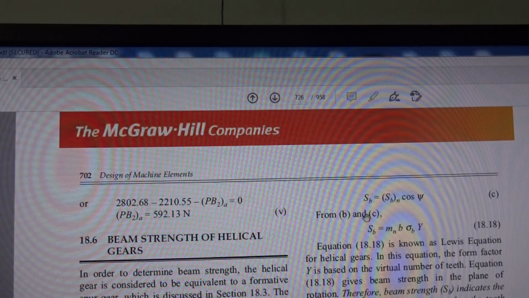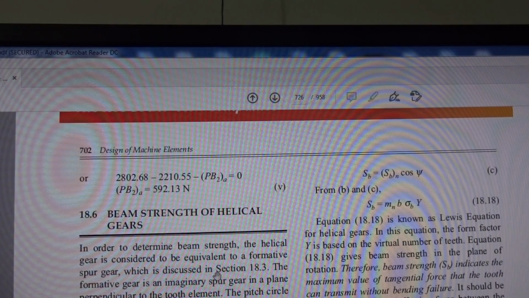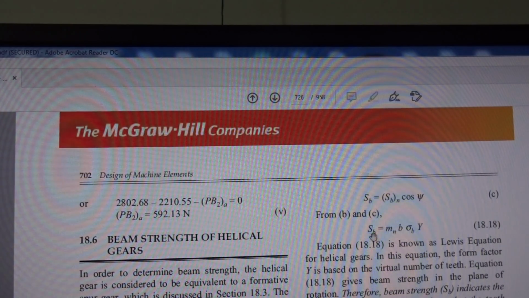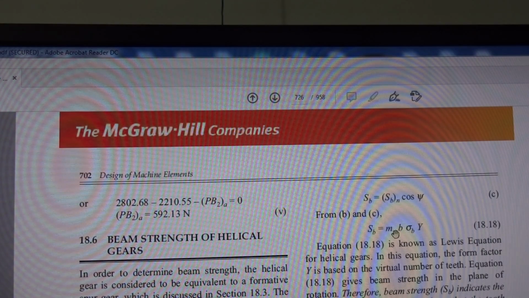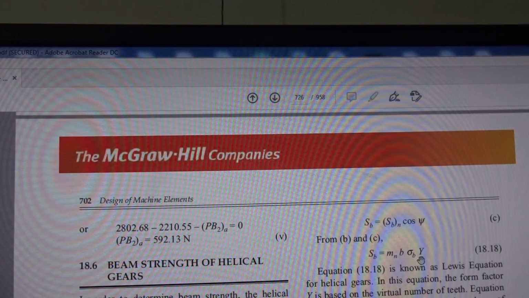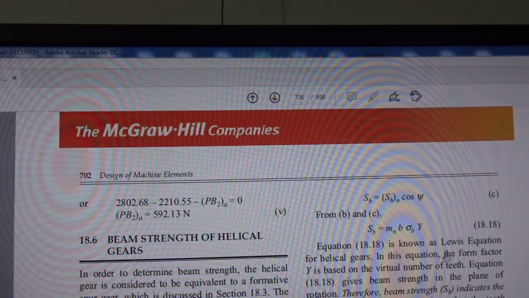SB is equal to SBN cos psi. So SB is equal to Mn B sigma b Y. This equation is known as the Lewis equation for the helical gear.